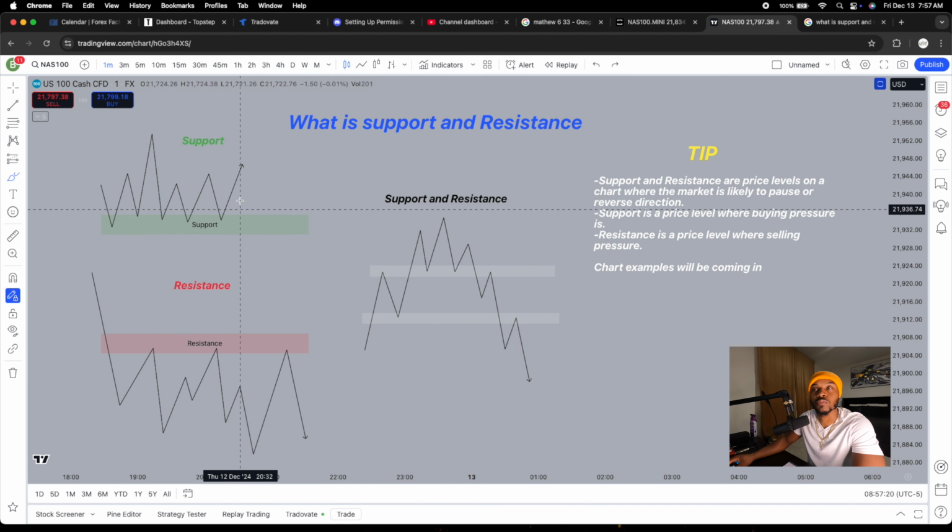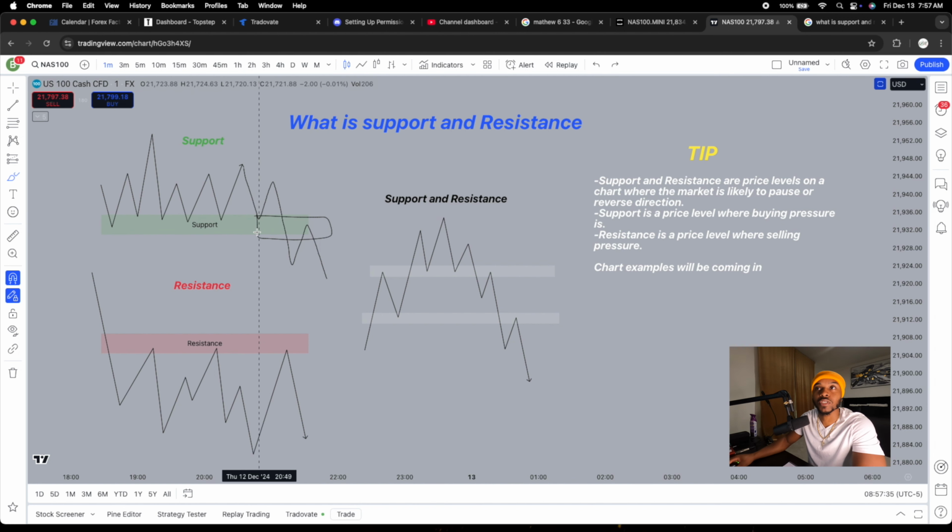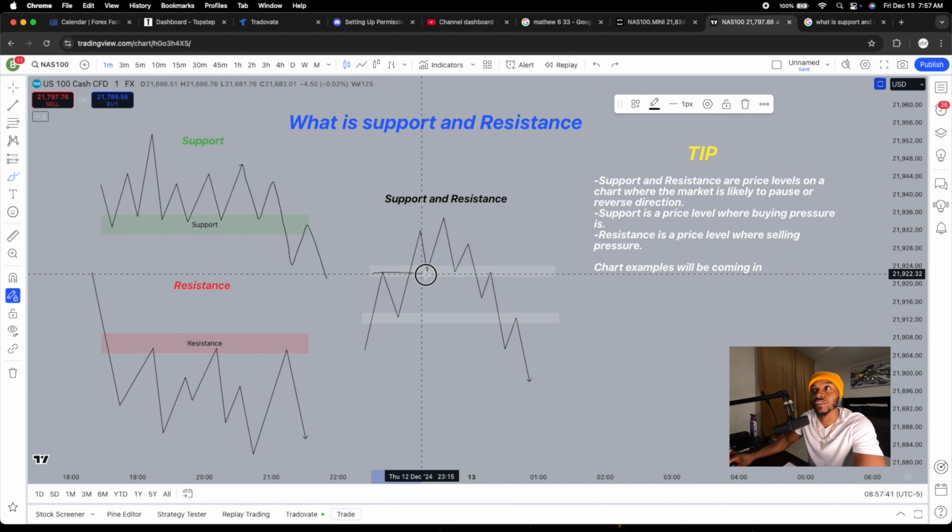And same thing with support. If price is being supported by this area and then it is broken and then the price bounces off of that level, it now becomes a level of resistance. So resistance becomes support and support becomes resistance. The only time it becomes support is if it is above, and it becomes resistance when it is below.